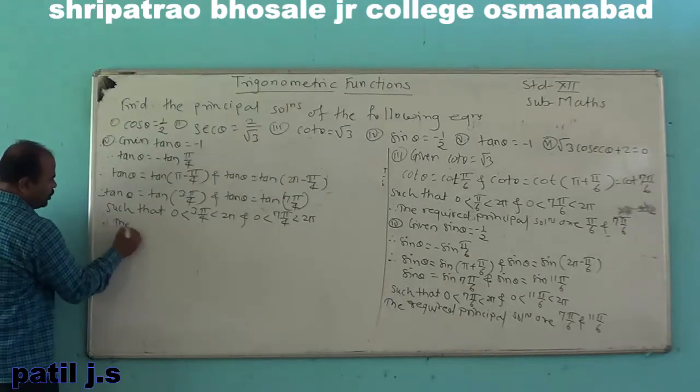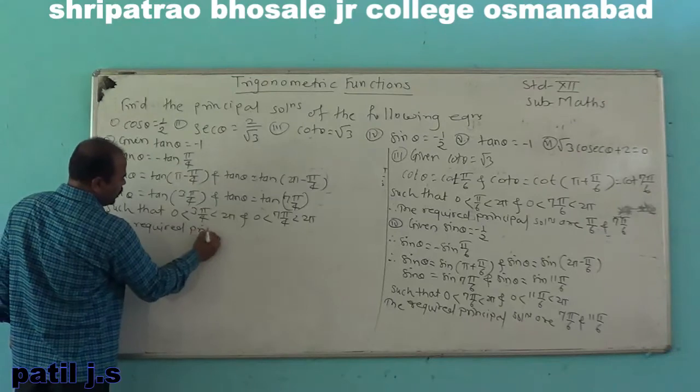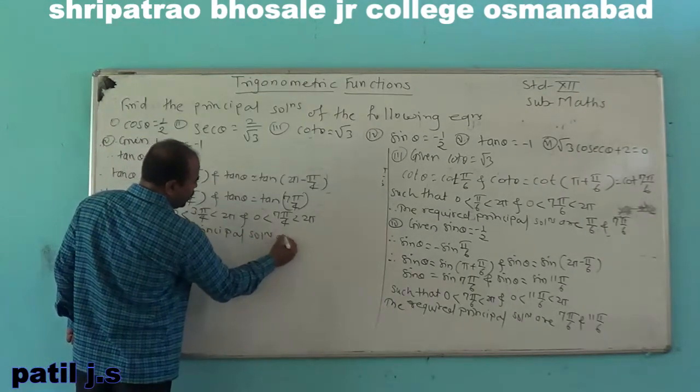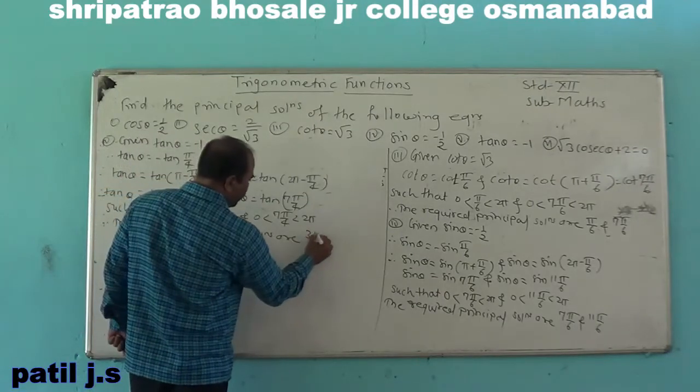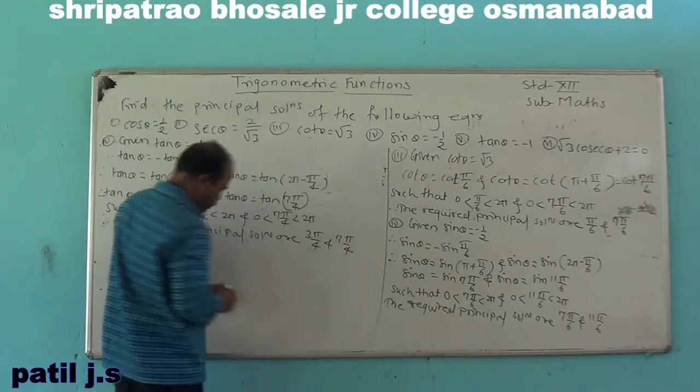Therefore, the required principal solutions are 3 pi by 4 and 7 pi by 4.